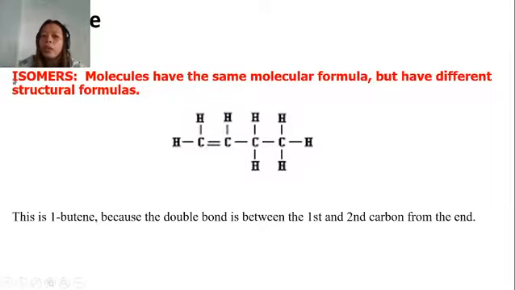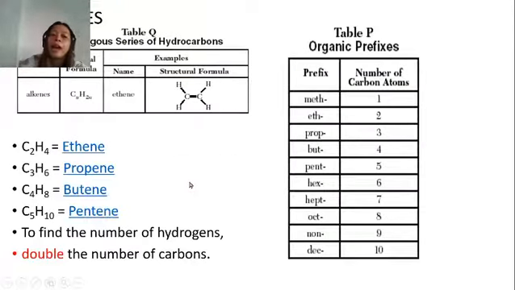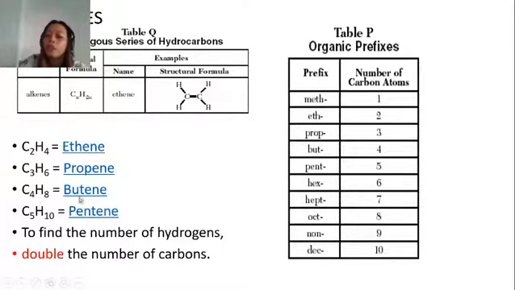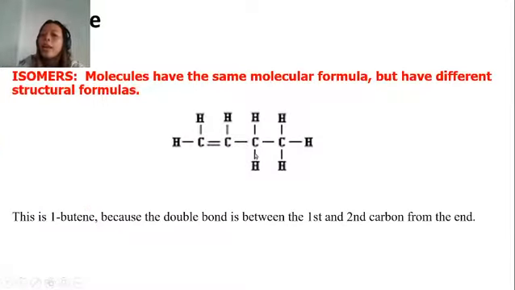So isomers, ang ginatawag isomers, molecules have the same molecular formula but different structural formula. So for our molecular formula, you have butene as C4H8. But for our structural formula, you can see this one. So kung i-count natin 1, 2, 3, 4, so C4, 1, 2, 3, 4, 5, 6, 7, 8. Parehas sila C4H8.